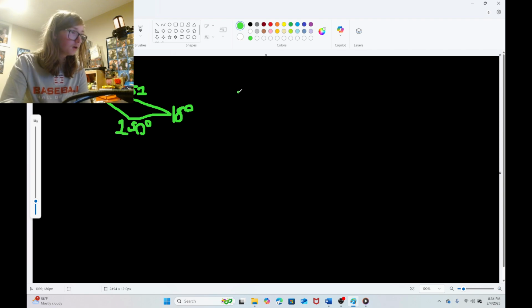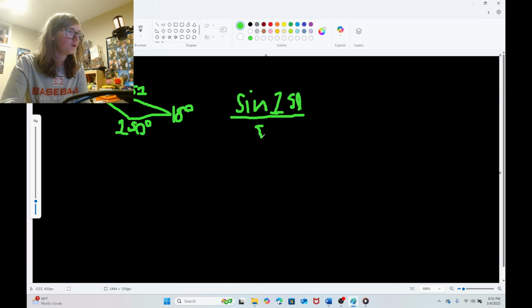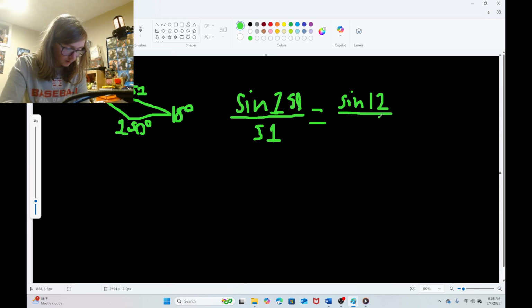So that tells us the sine of 150 divided by 51 is going to equal, let's do this one first, sine 12 divided by B.